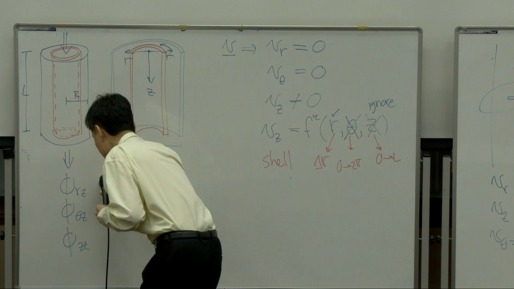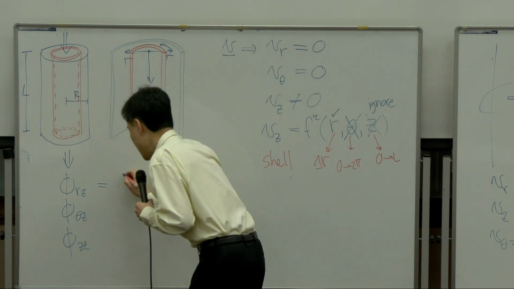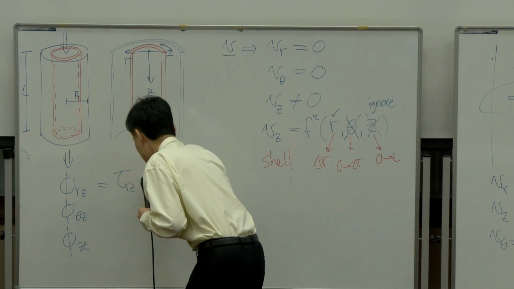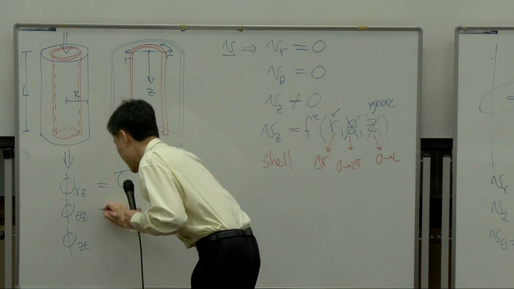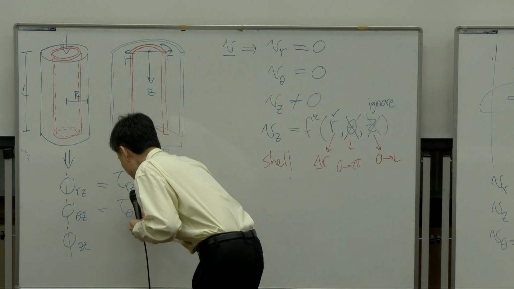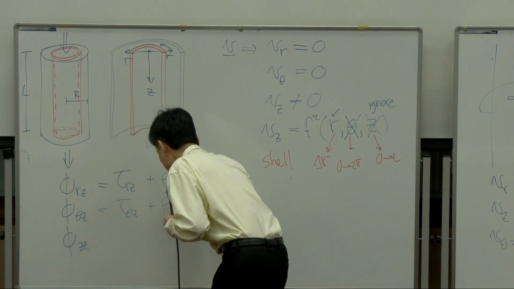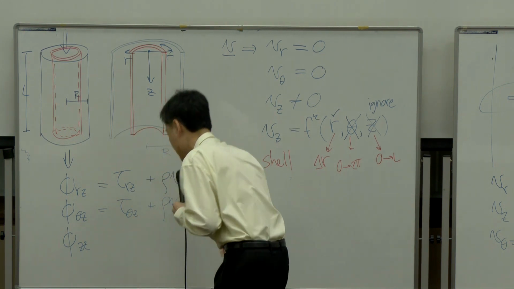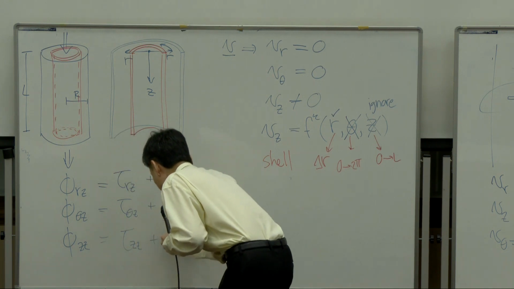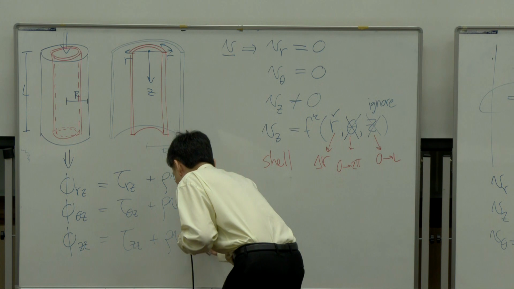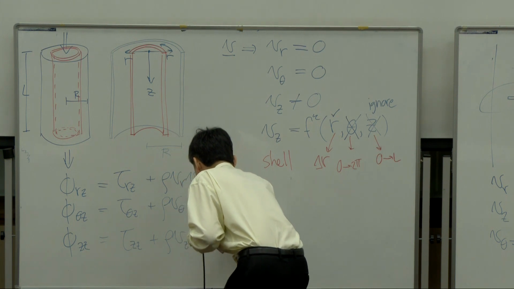And we know that phi rz is tau rz plus rho Vr Vz. Theta z would be the same. For zz, you just add one more term, which is pressure.